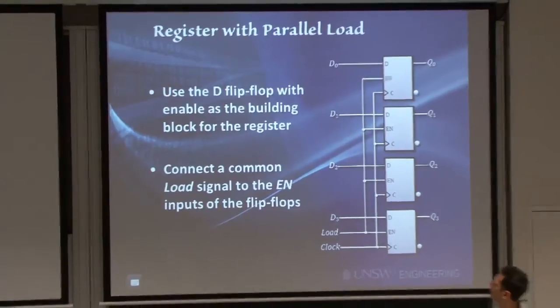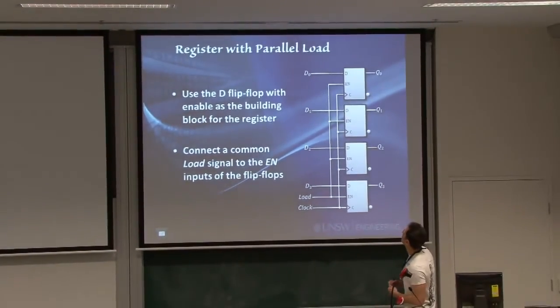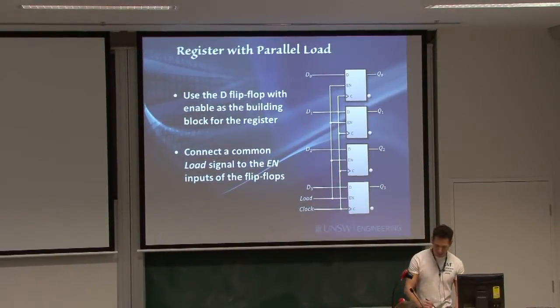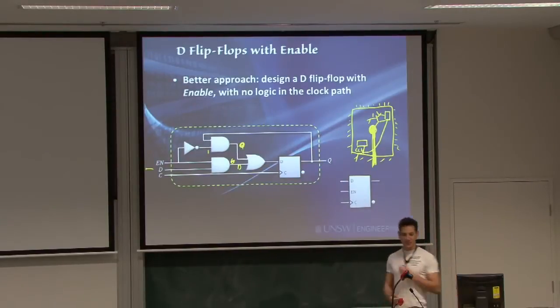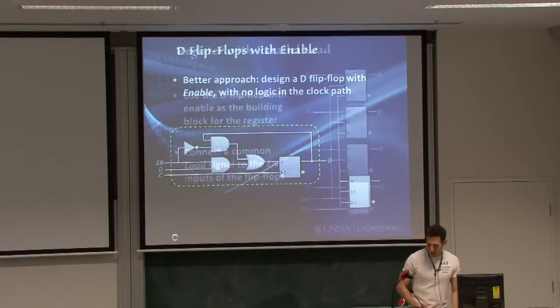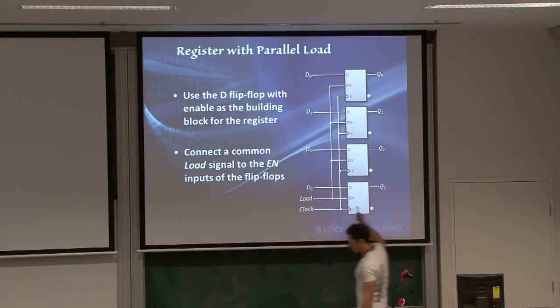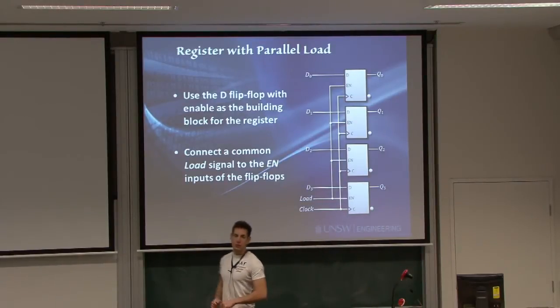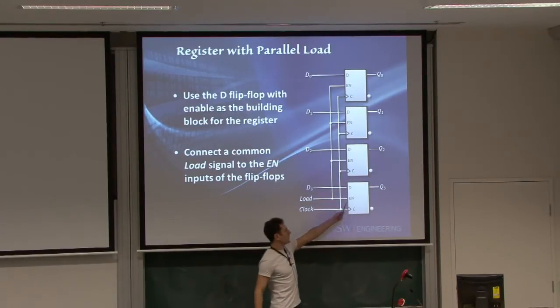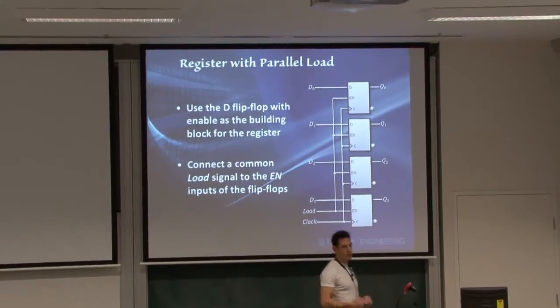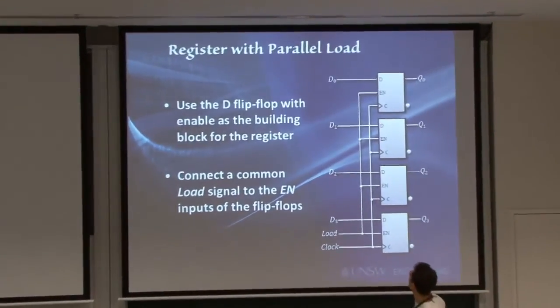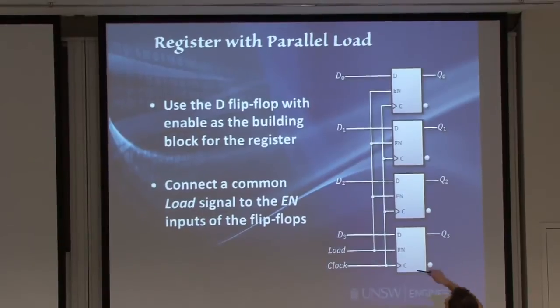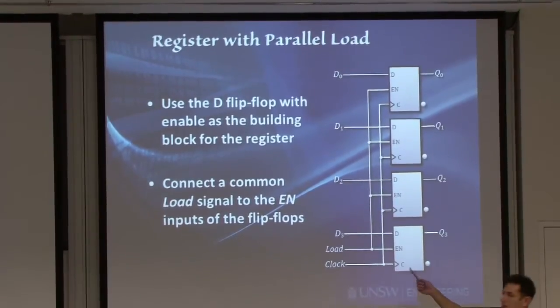Haven't shown this slide yet, have I? All right, so I went on a tangent too quickly. I was going to do it after this slide. But this is the way to build a register with the new D flip-flop with enable, where the enable is no longer in the clock path. And then we group all of them together. They all have a clocking signal.